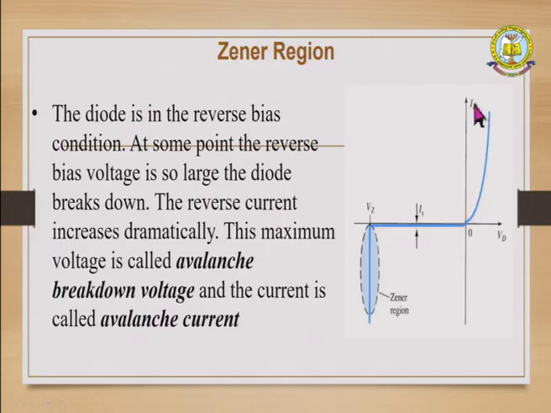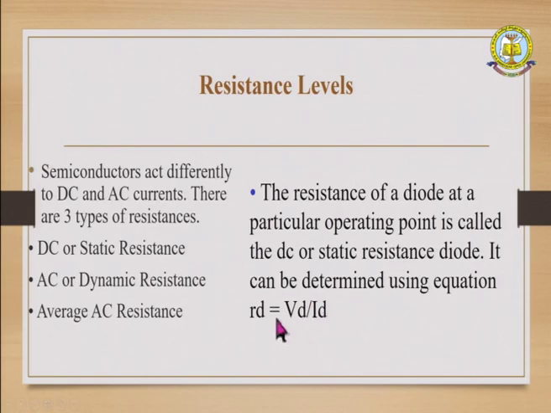This is the formula: RD is equal to VD by ID. Here ID means drain current, VD is drain voltage, and small r means drain resistance. RD is equal to VD by ID, so drain resistance is equal to drain voltage by drain current.